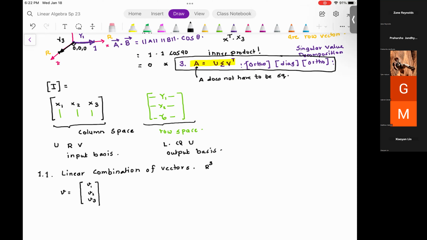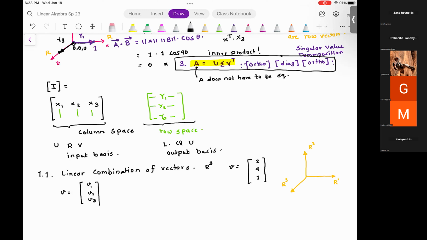So if I were to say this vector V is given as 2, 4, 1, I can physically draw this vector in this three-dimensional space. Please note, this is R3. A line is R1, a plane is R2, and the three-dimensional space is R3.